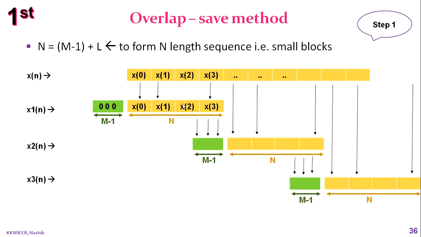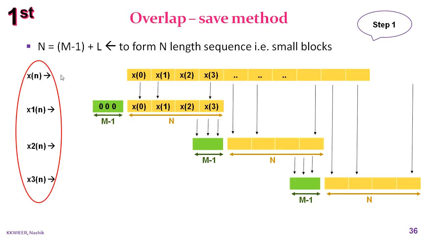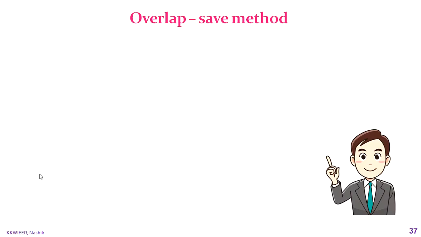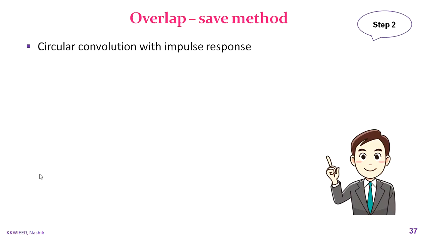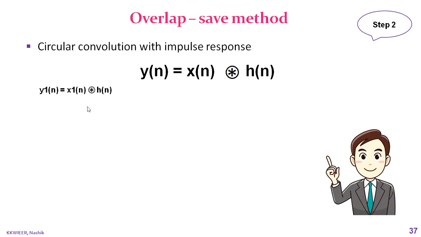Now you have x1 of n, x2 of n, x3 of n, that is the smaller blocks of the sequence. We are going to convolve them with the impulse response. So that is your step 2. Now the circular convolution of x of n, that is your input sequence, and h of n, that is the impulse response, will give you the output y of n. So y1 of n will be x1 of n circularly convolved with h of n.